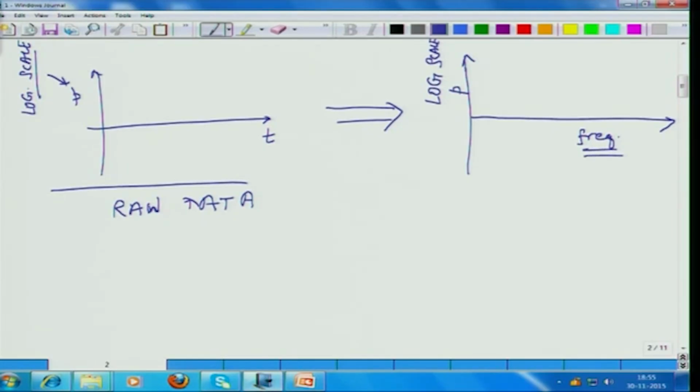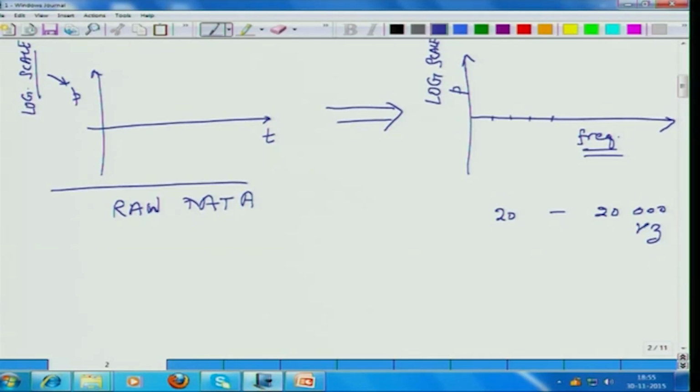And the frequency can range over the typical hearing range, which is 20 hertz to 20,000 hertz. So it's 20 hertz to 20 kilohertz. That's a typical audible frequency range. And again, if I have to plot all these 20 hertz, 40 hertz, 60 hertz, 80 hertz, and go up to 20,000, I have to make my x-axis extremely long.